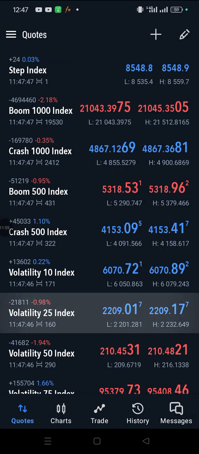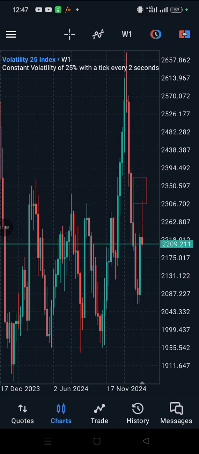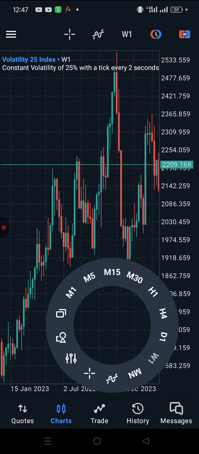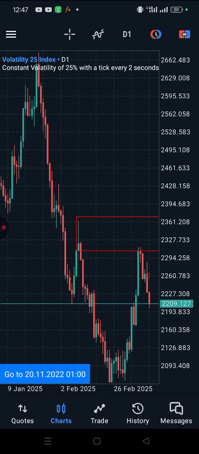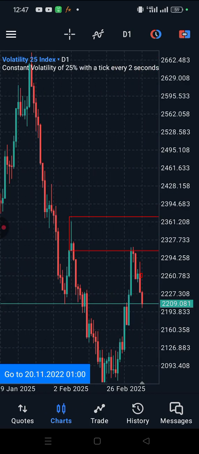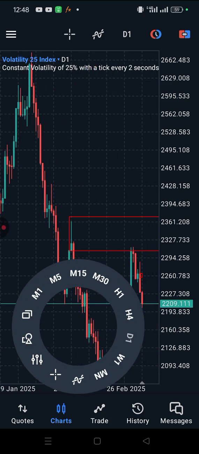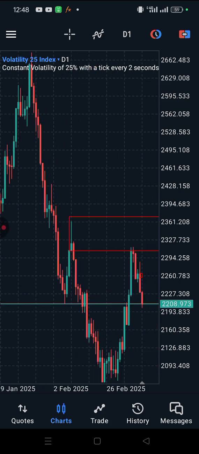That's volatility 10. Let's see, volatility 25. Weekly, okay, you can see that the market is really very crazy. Yes, this is a sell market, and you can see what I've done there. I've already identified this market as a sell market.